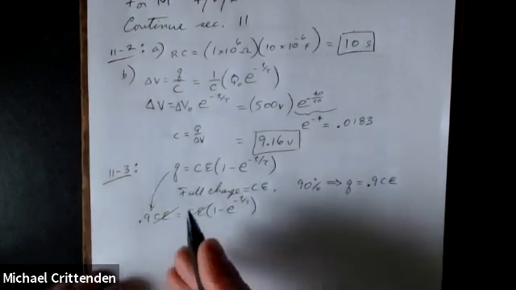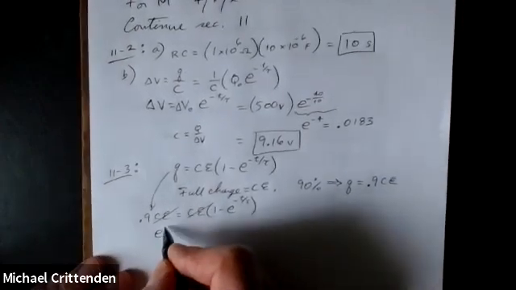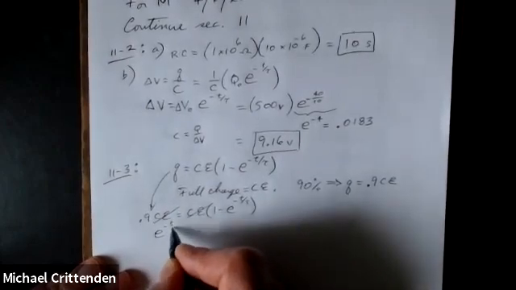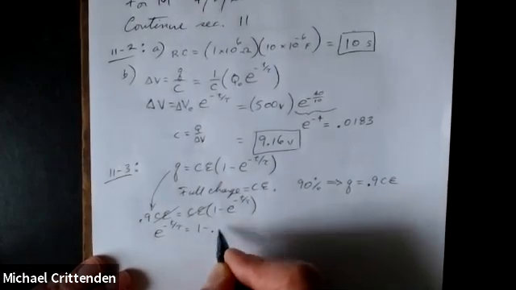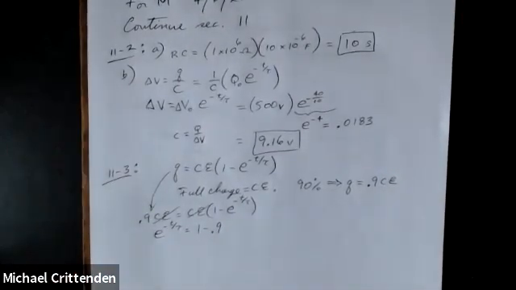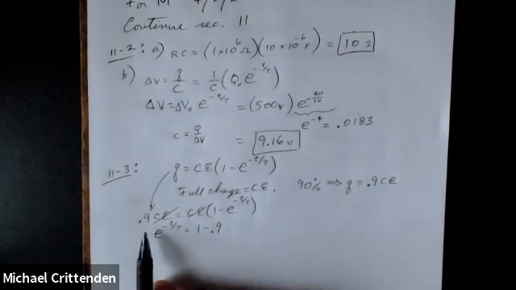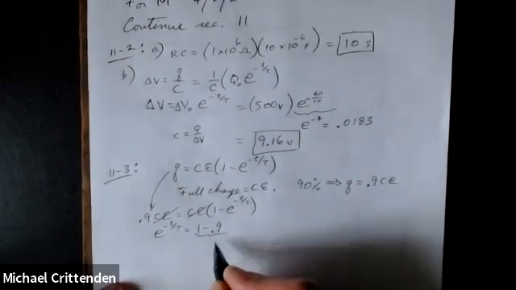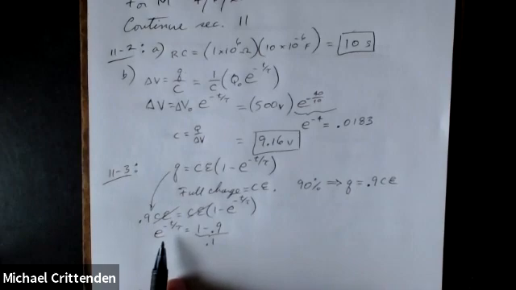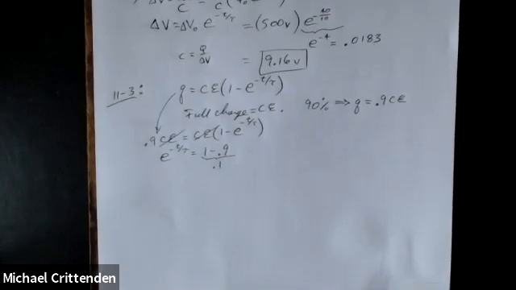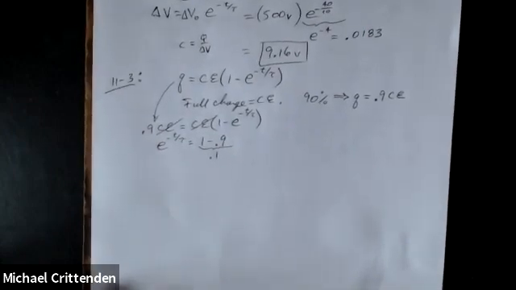We'll do a little switcheroo here and say that e to the negative t over tau equals 1 minus 0.9. Okay. Added the exponential to both sides, subtracted the 0.9 from both sides. And of course, 1 minus 0.9 is 0.1. So my objective here is to solve it for t. Question is, how long will it take, meaning how much time will it take.